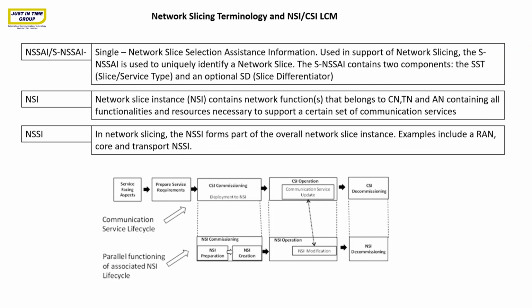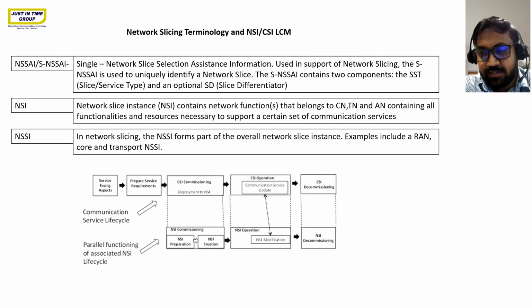If you are talking about network slices, then there are two main terms that you need to understand. One is network slice instance. We use the term network slice instance to denote a network slice that we create end to end, that means core network, transport network, and access network. So if we create a network slice, we use the term NSI. A network slice subnet instance is, for example, in the radio access network, if you create a slice, then we use the term NSSI, or network slice subnet instance.